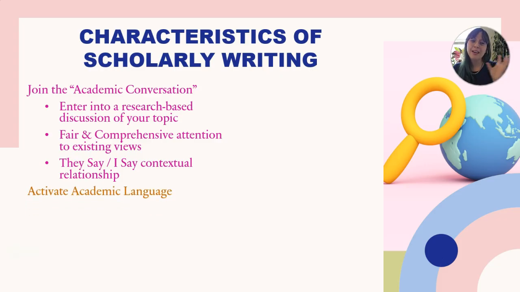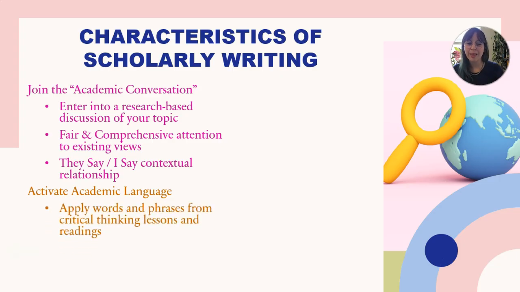In academic scholarly writing, we want to activate our academic language. We want to apply words and phrases from our critical thinking lessons, our readings, learning and practicing exercises. So we really want to put that into practice.